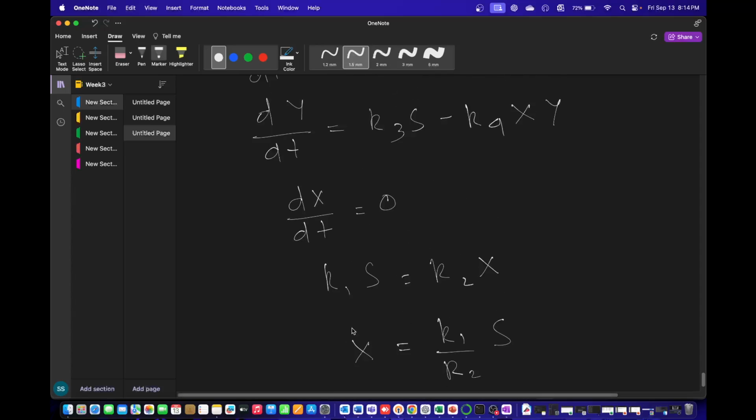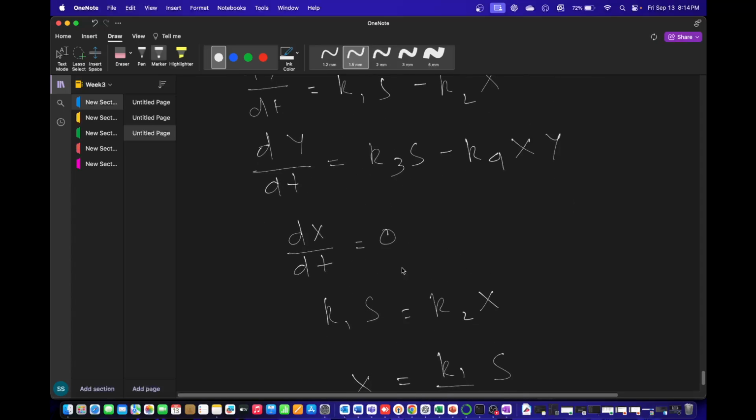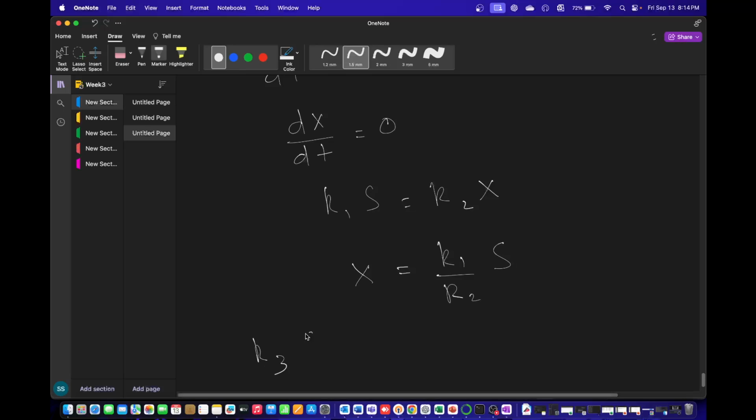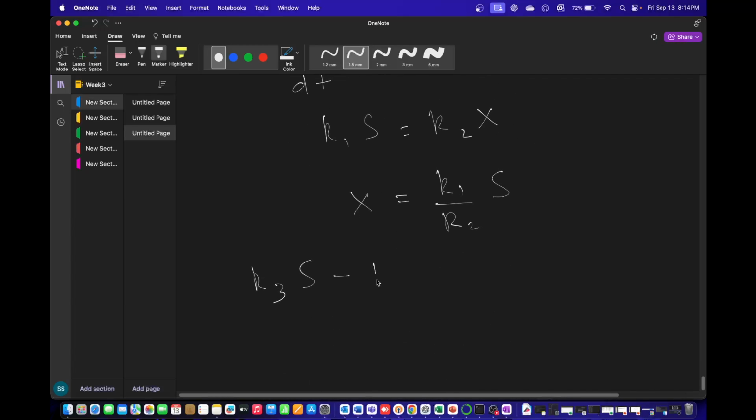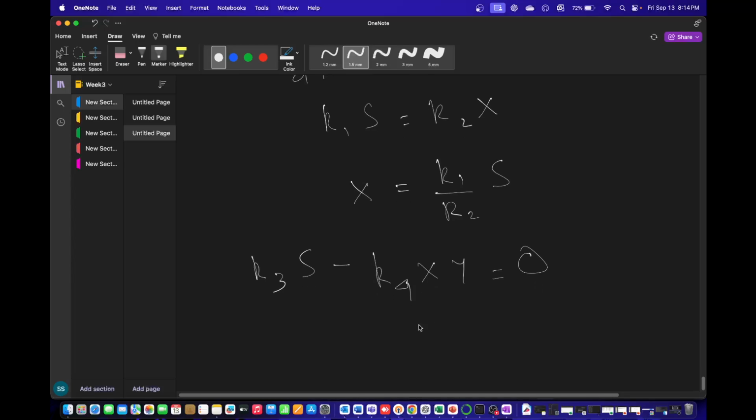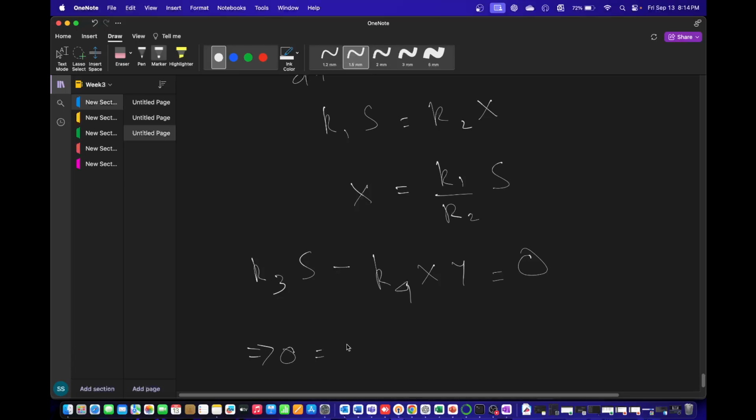Right. Now you check the steady state of y, dy/dt equal to 0. So k3s minus k4xy equal to 0. Now in place of x you put this value. So 0 equal to k3s minus k4 into k1 by k2 s into y, right?